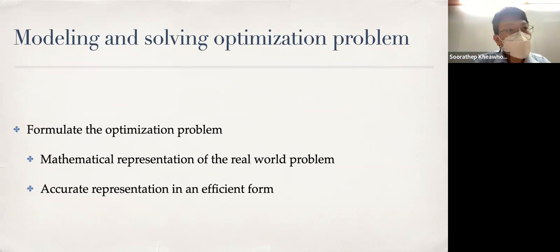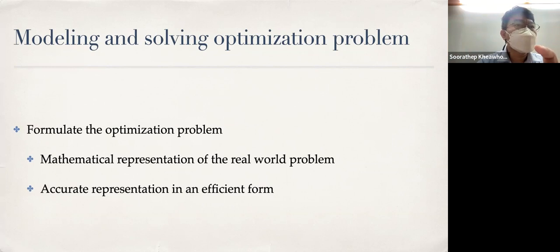Formulation of the optimization problem is a representation of a real world problem. You translate or represent it as an optimization problem. A real world problem is not mathematics, right? So you capture some features and translate them into a mathematical program.